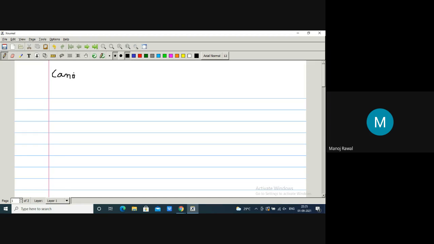Canonical form of first order linear partial differential equation. Okay, so why are canonical forms important over here?